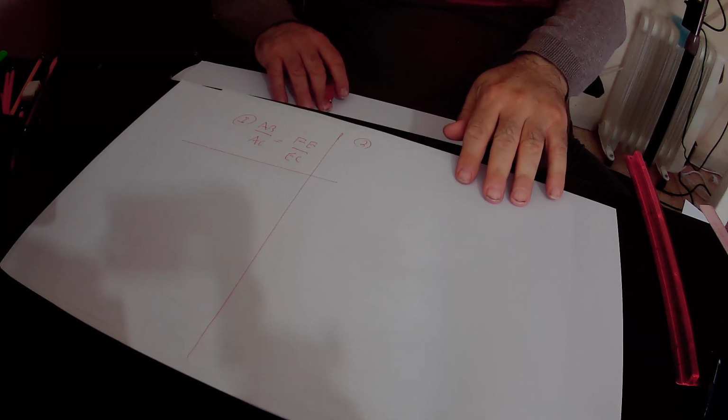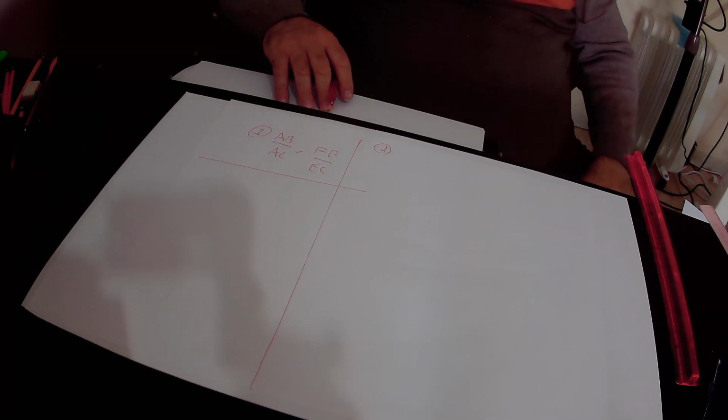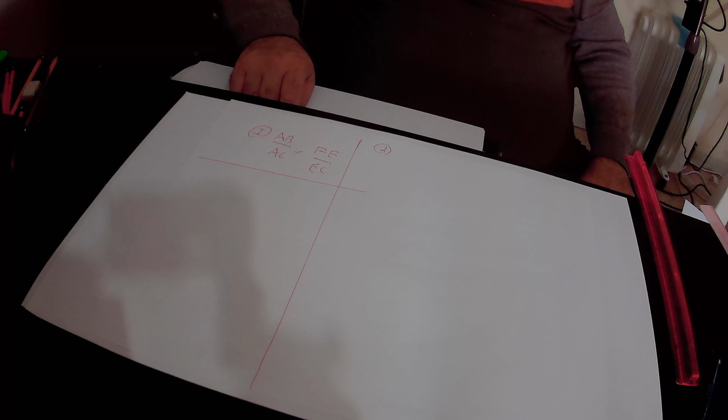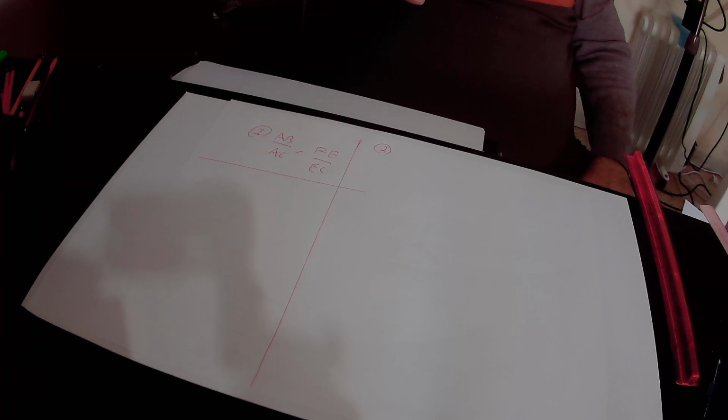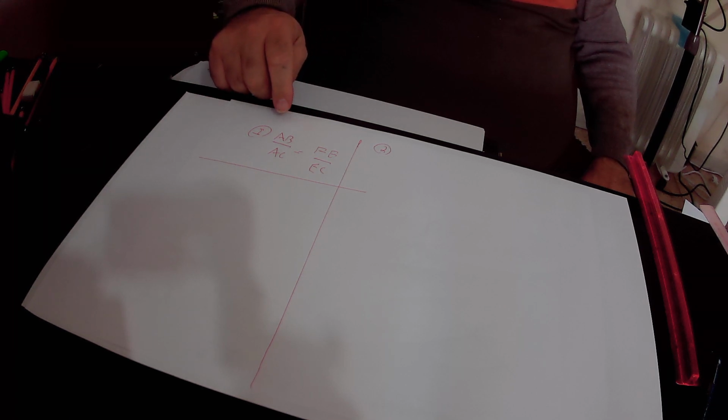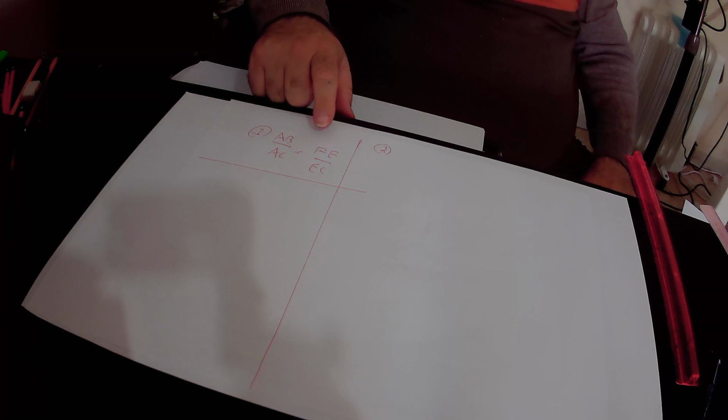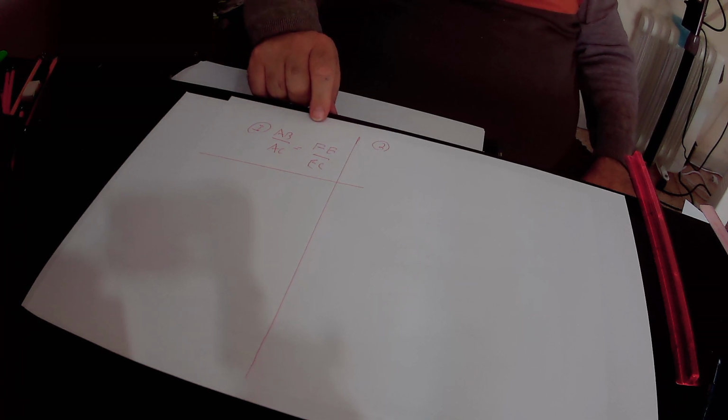I will repeat again. From the fact that the big right triangle ABC is similar to the small right triangle FEC, we conclude that the following relationship exists between their sides: AB over AC in triangle ABC is equal to FE over EC in the small right triangle FEC.